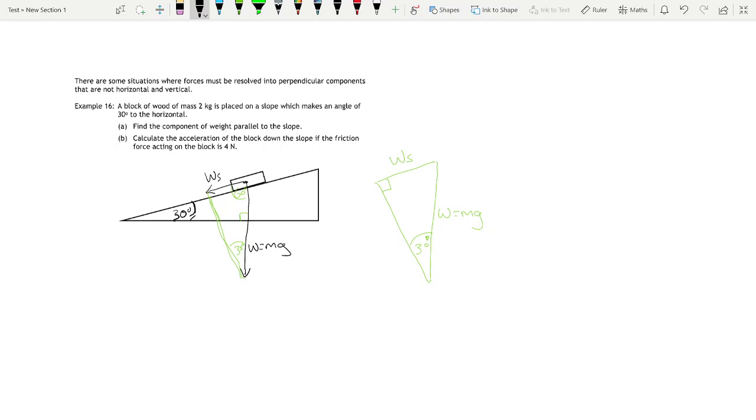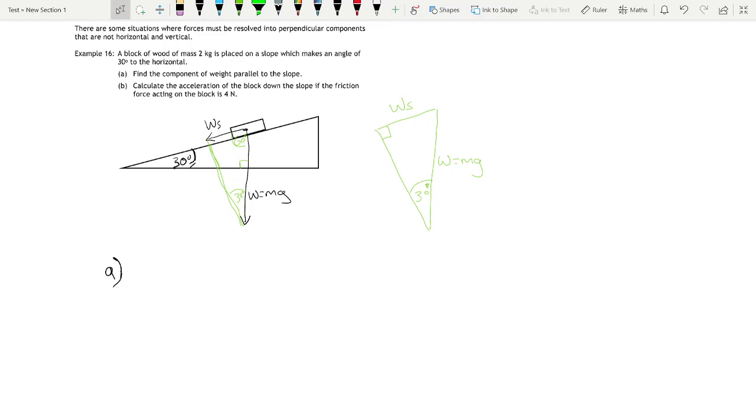If we use our SOHCAHTOA, our trigonometry, we can use sine. Sine theta equals opposite over hypotenuse. Looking at sine 30 and that triangle, the opposite is WS, the component of weight down the slope which we want to find, divided by the weight, which is mg.